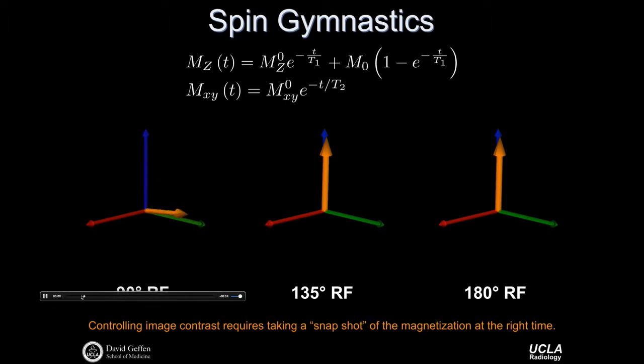And so what we're seeing here on this left-hand animation is the consequence of a 90-degree RF excitation pulse. The bulk magnetization begins by pointing straight up along the z-axis. And after a 90-degree RF pulse, the spin, in this case the bulk magnetization, is forced to precess down into the transverse plane.